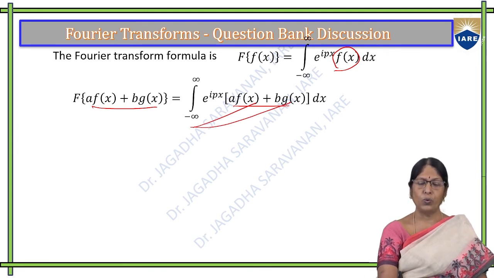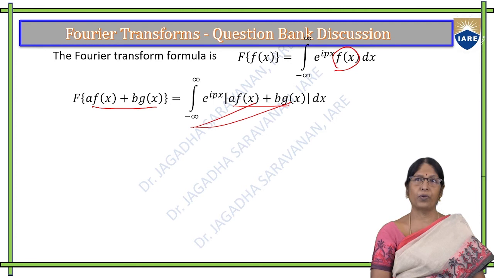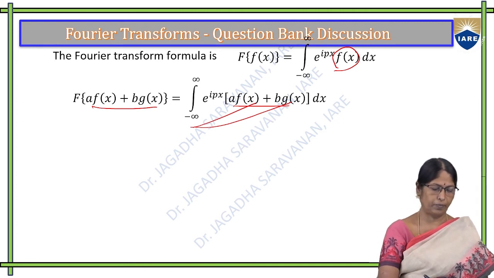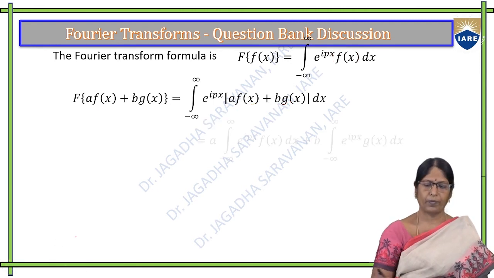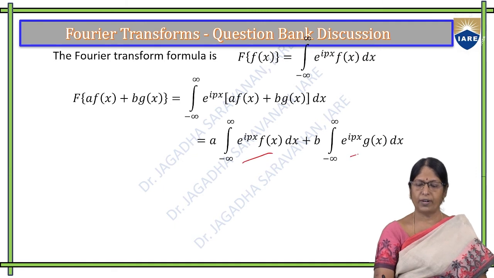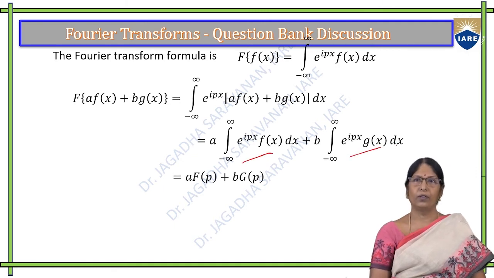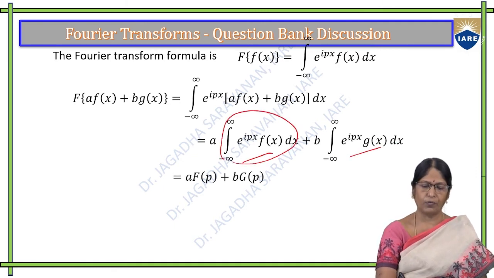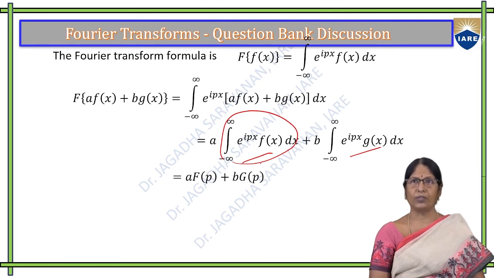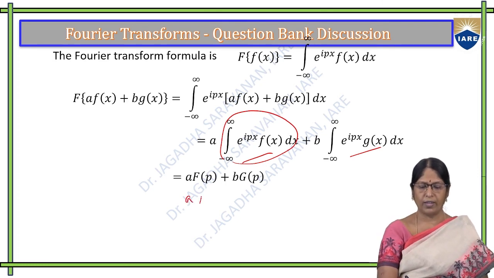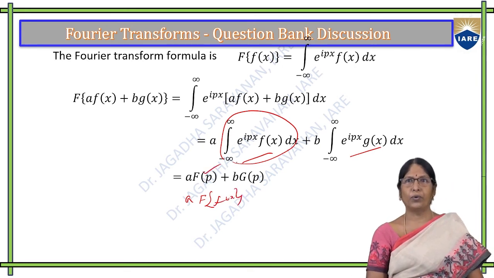So two terms are there, and we are going to write two integrals. The first integral and second integral, we know, are nothing but the Fourier transform formula. The same we can write as f of x also, nothing wrong in it. In short form, another notation, capital F of p, we can also write.